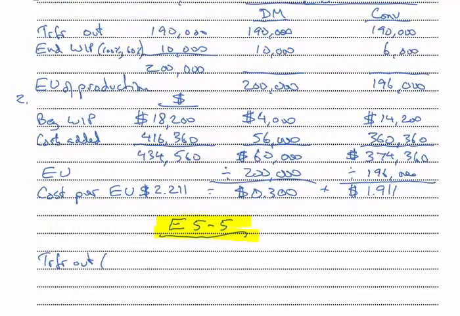So we transferred out 190,000 units at $2.211 per unit. So it's 190K times 2.211. Doesn't really fit too well on the line here, but anyway, we should have there 420,090.